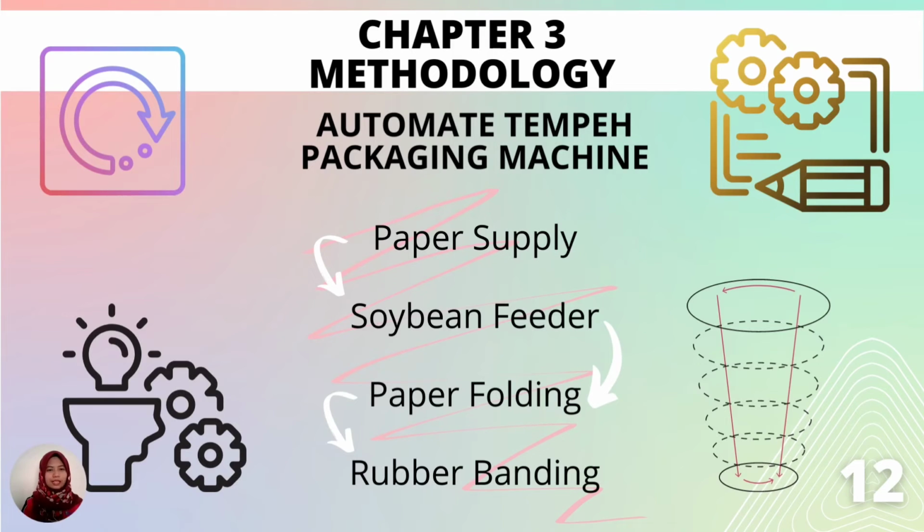So the next slide is the Automated Tempeh Packaging Machine. In this project, there are 4 stages of the tempeh packaging machine. The first stage is paper supply, the second stage is soybean feeder, the third stage is paper folding, and the last stage is rubber banding.